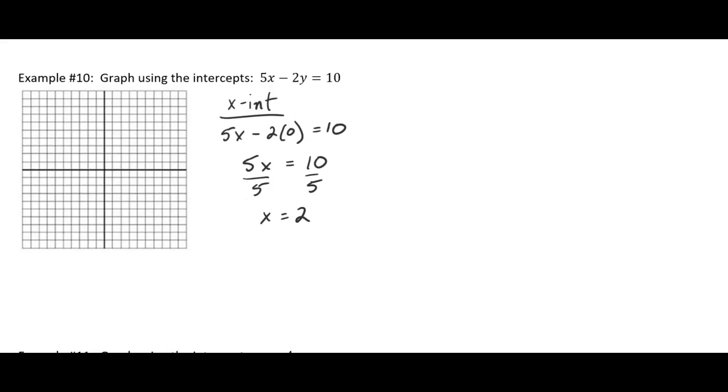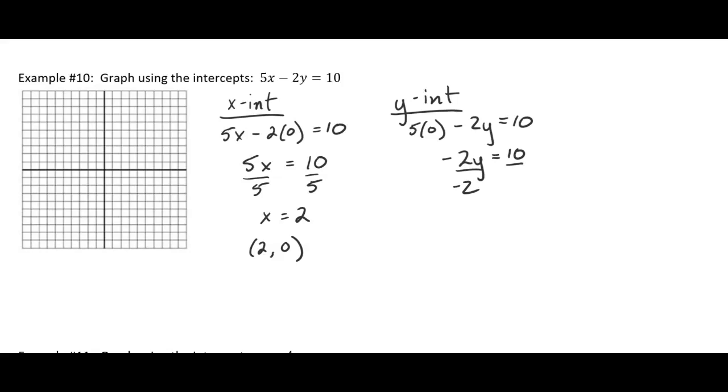Now you have to remember it's the x-intercept, so 2 comma 0. And then find the y-intercept. We're going to let x equal 0, so 5 times 0 minus 2y equals 10, or negative 2y equals 10. Now divide by negative 2, and we get y equals negative 5, and so that's going to be the point 0, negative 5.